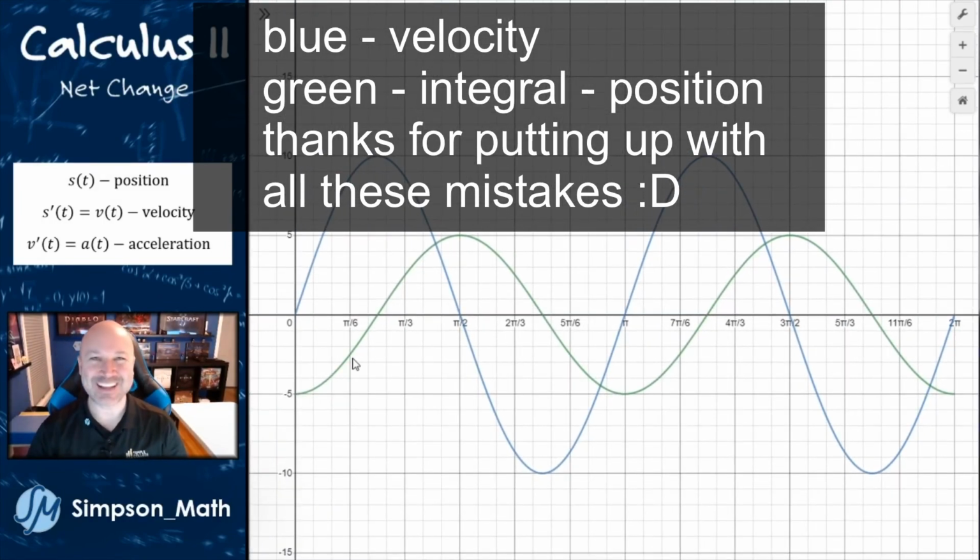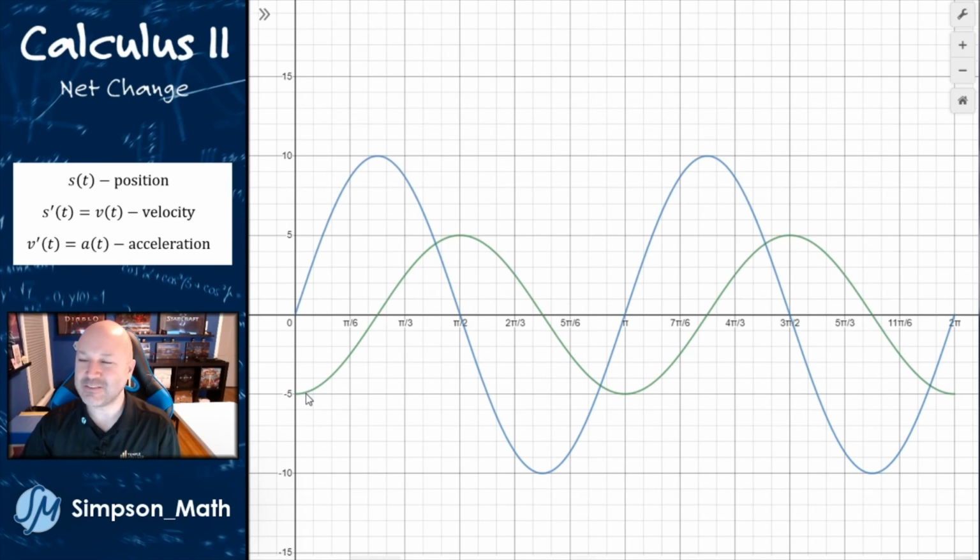Okay, in blue, I've got the velocity function. In green, I have the antiderivative, which was the position function. When the velocity function was positive, from 0 to pi halves, the position function was moving in a positive direction.